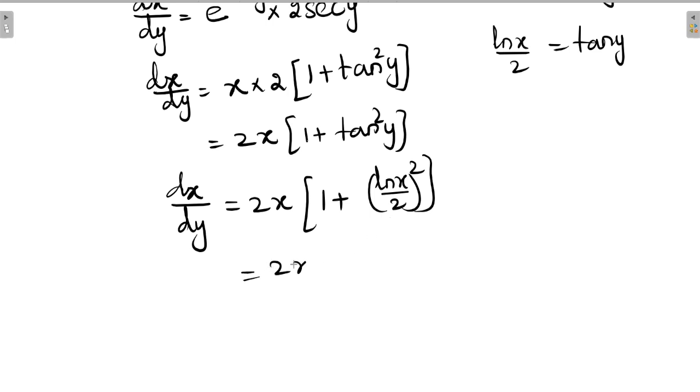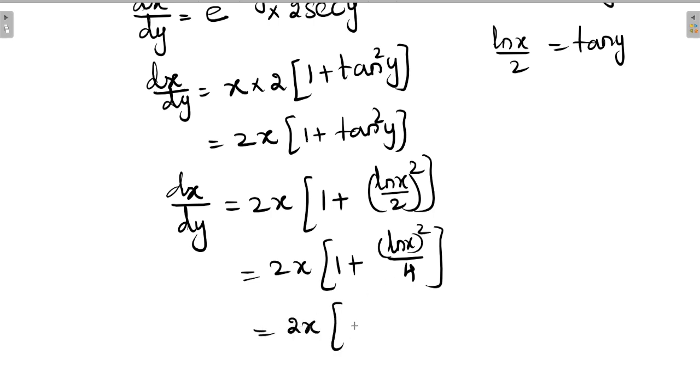Now 2x into 1 plus ln x square by 4. By LCM in the bracket, so 2x times 4 plus ln x square divided the whole divided by 4.